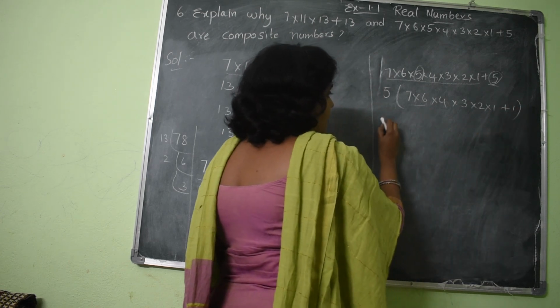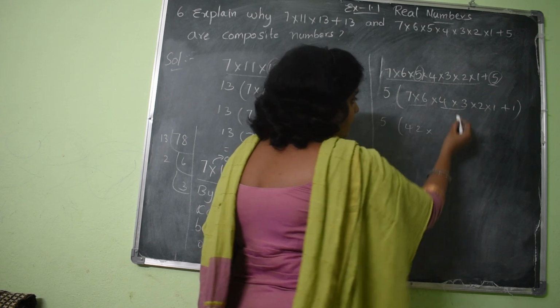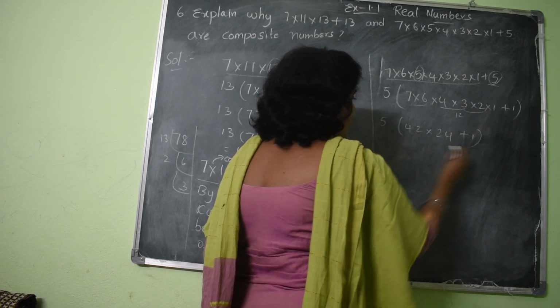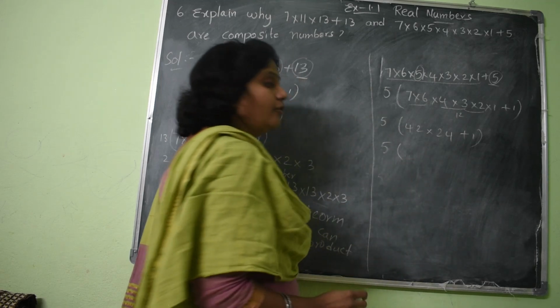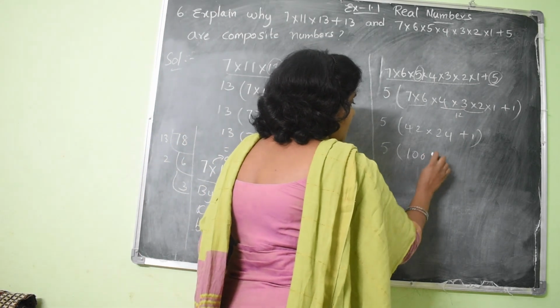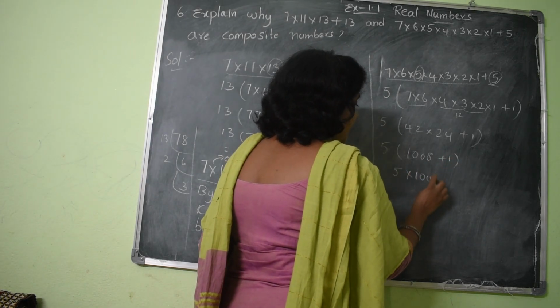What is 7 × 6? 42. × 4 × 3 is 12. 12 × 2 is 24. When I multiplied 42 × 24, I got the answer as 1008. Plus 1, so 1008 + 1 is 1009.